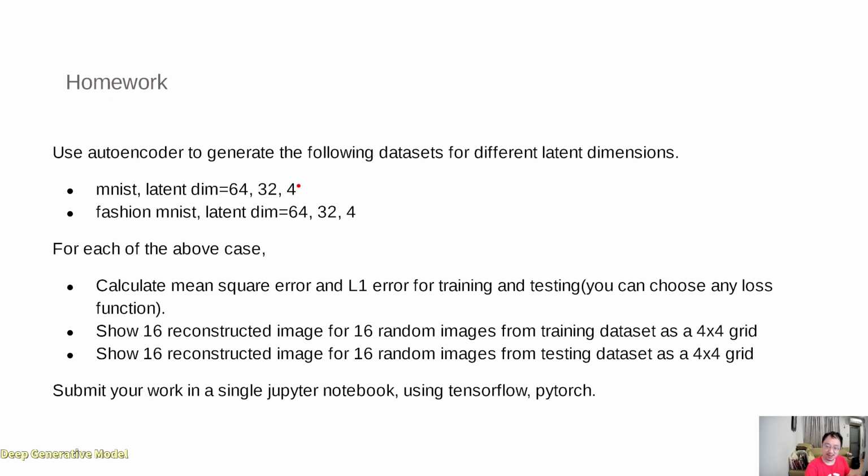Is it enough to have a dimension of only 4? Does it even contain enough information to reconstruct the image? Suppose it is enough for the digits, is it enough for Fashion MNIST? Fashion MNIST contains images of clothes, jackets, shoes, pants, those kinds of things.